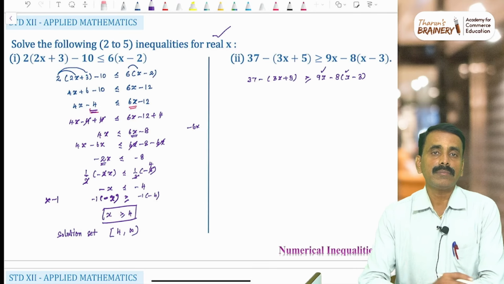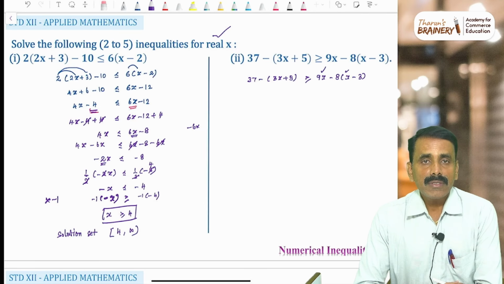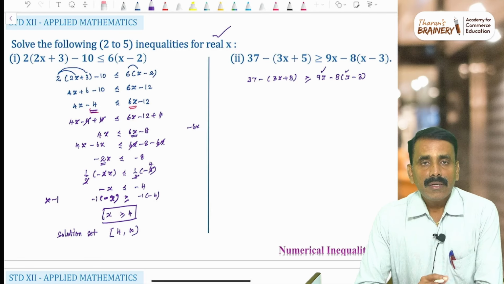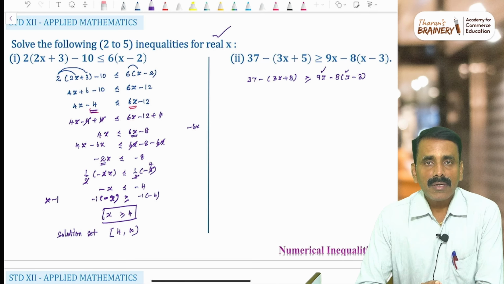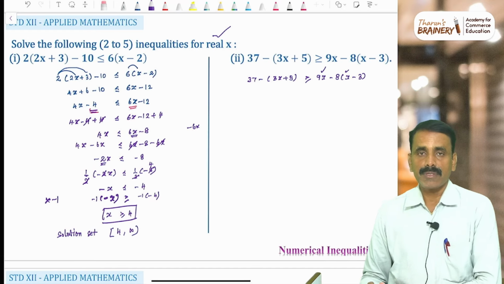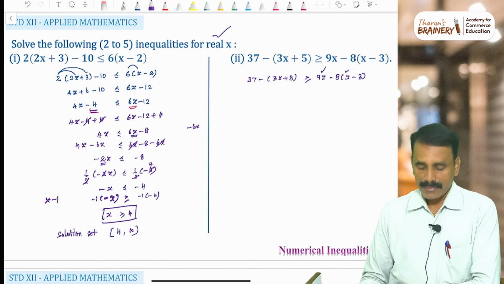So, first we must make this expression contain one term containing x and one constant term on the left hand side. Similarly, one x term and one constant term on the right hand side. So, we try to simplify this expression by opening the bracket.